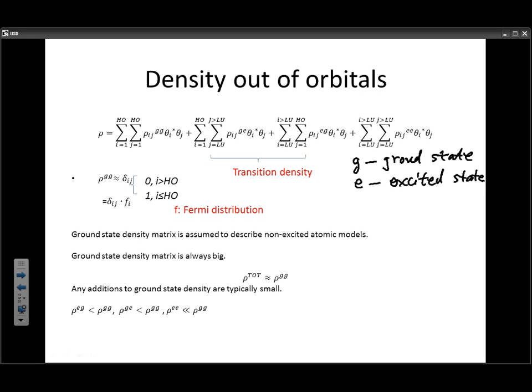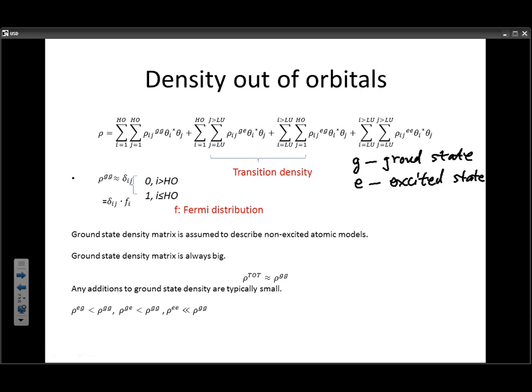It's 0 for unoccupied orbitals and 1 for occupied orbitals. The second term is the density for the transition from ground state to excited state.